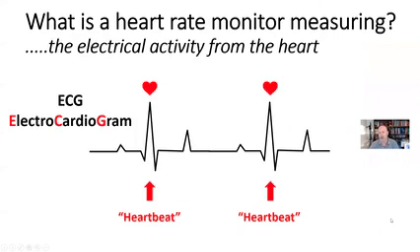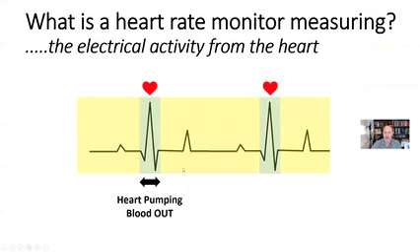Now, go back to human, because I think that's probably what most people are familiar with. So we've said every time we see this R wave here, this peak, we know we've got a heartbeat. And what's happening during this period is that the heart is pumping blood out.